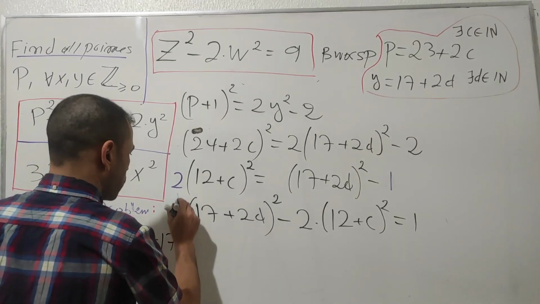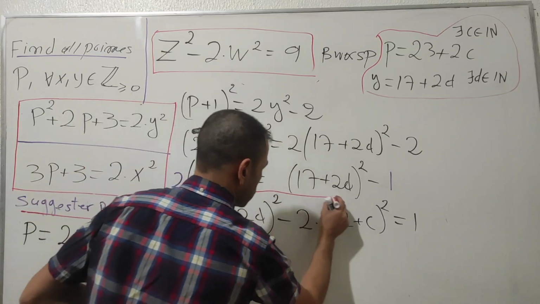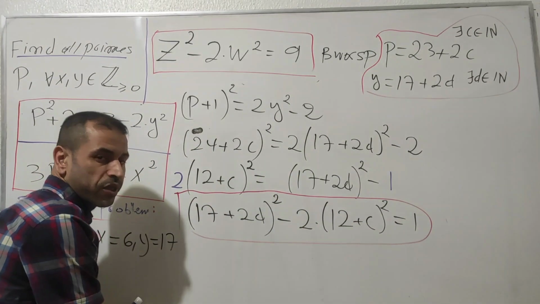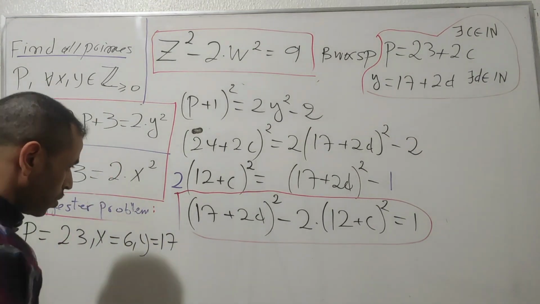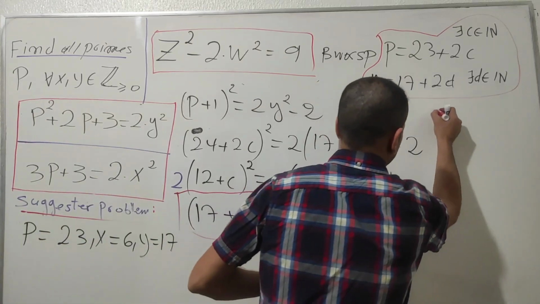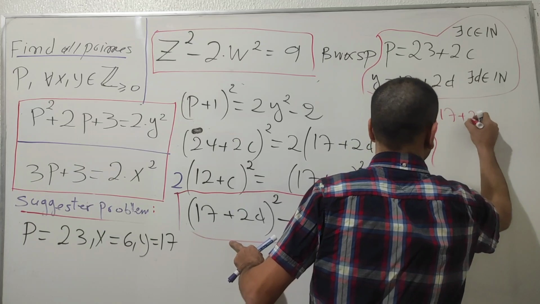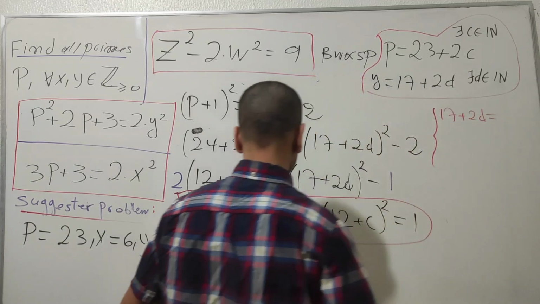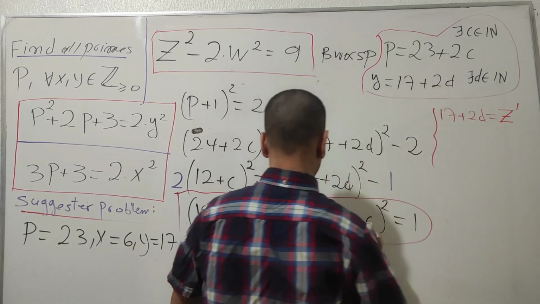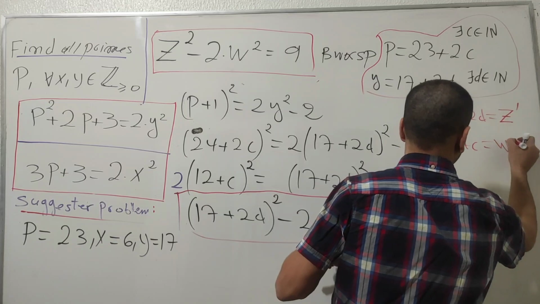So now I have ended up with this nice equation. If you take a look again, this is going to be written in the form of Pell's equation again. So let's set 17 plus 2d to be replaced as z prime, and 12 plus c as w prime.